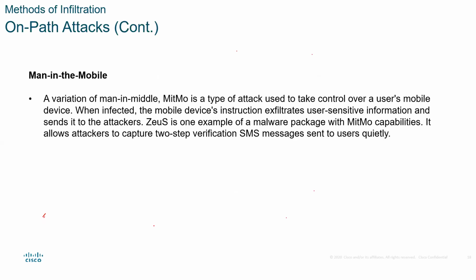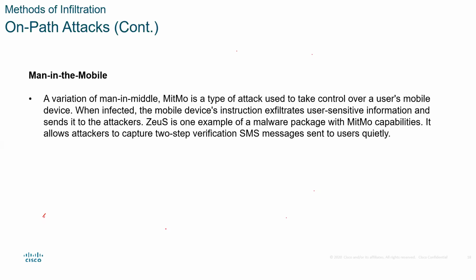Man in the mobile. A variation of man in the middle is man in the mobile, a type of attack used to take control of the user's mobile device. When infected, the mobile device is instructed to exfiltrate user-sensitive information and send it to the attacker.